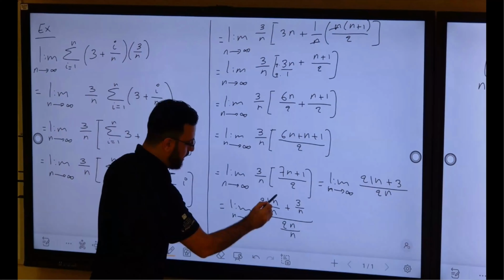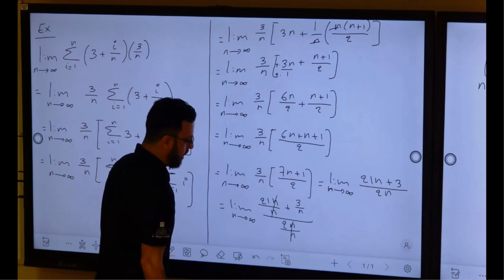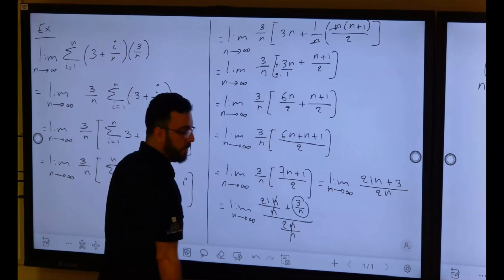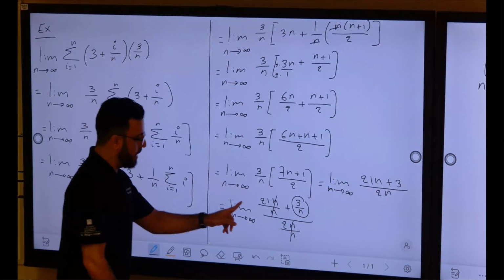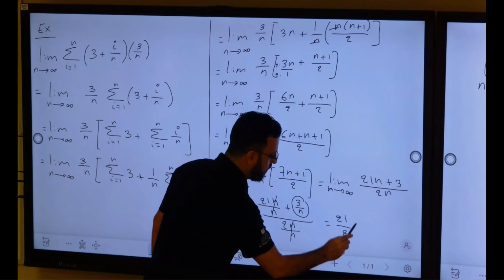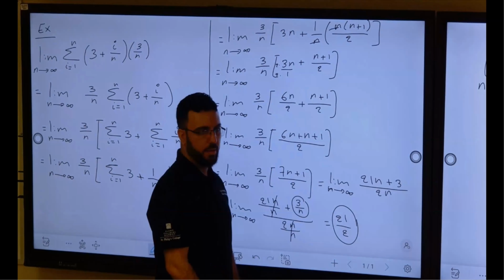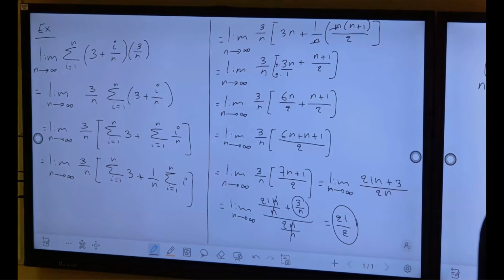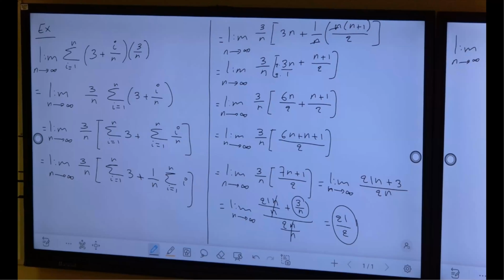Cancel these. The limit for this one goes to 0. That means what's left on the top? 21 over 2. That's it. See the connection we made using the summation and using the limit. Let's go to the next one.